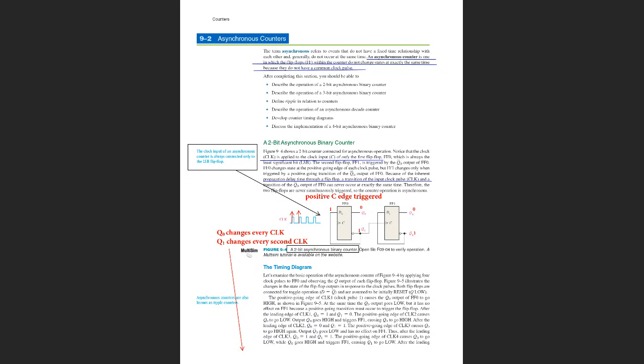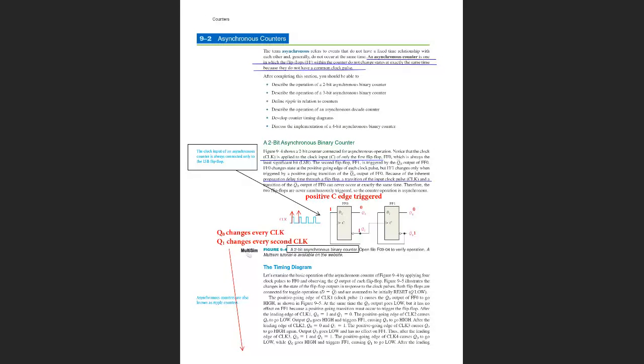So the next clock acting on this first flip-flop would now reset the flip-flop to 0. So as you may see, the leftmost flip-flop, FF0, will change every clock, every positive slope of the clock.